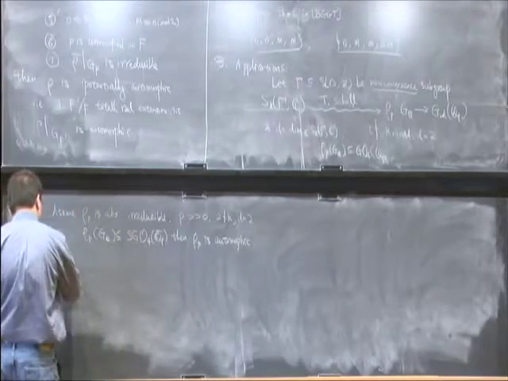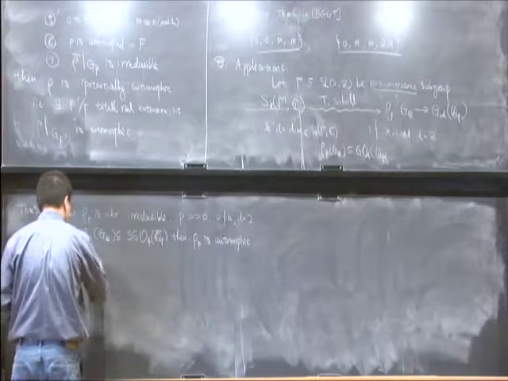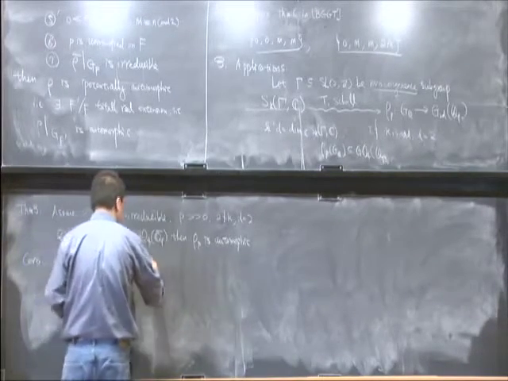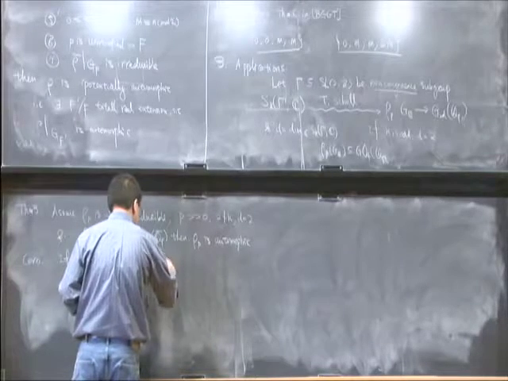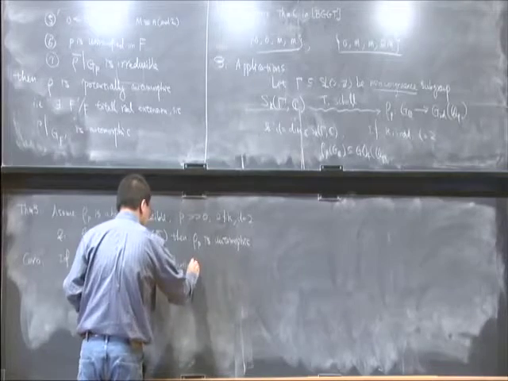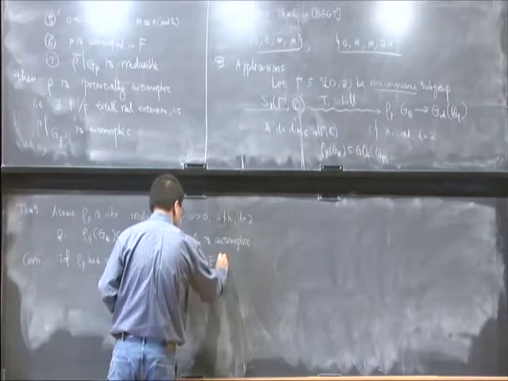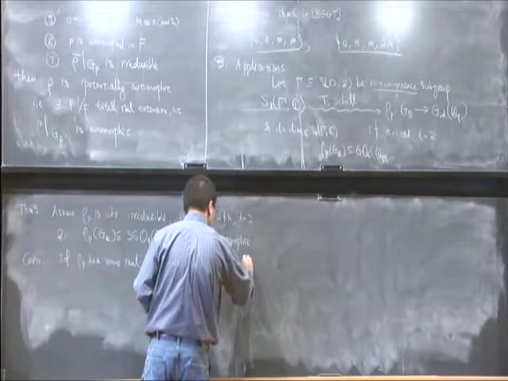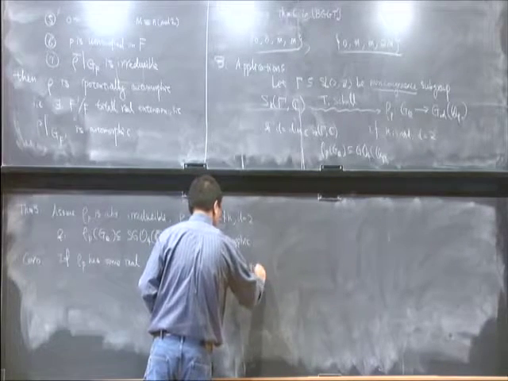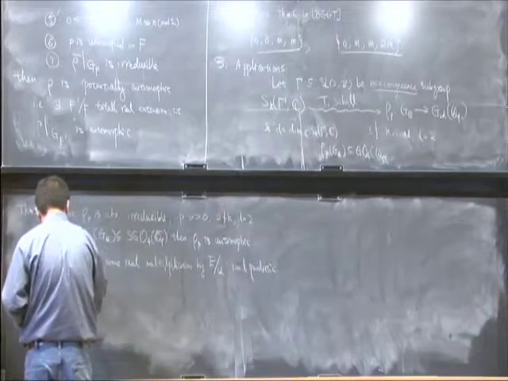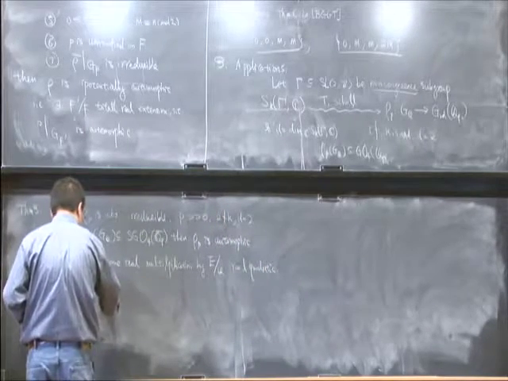So if ρ_p has some real multiplication by some E over Q, that's the real quadratic, then ρ_p is automorphic.